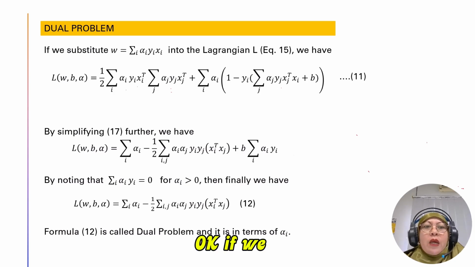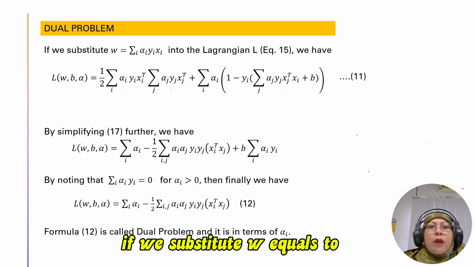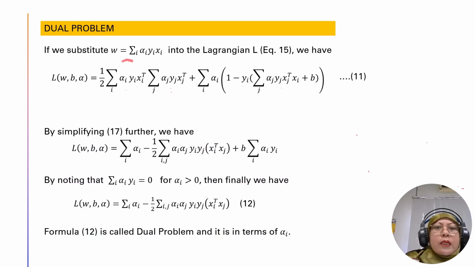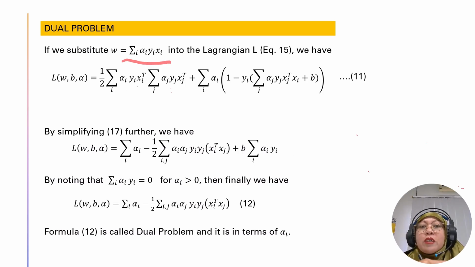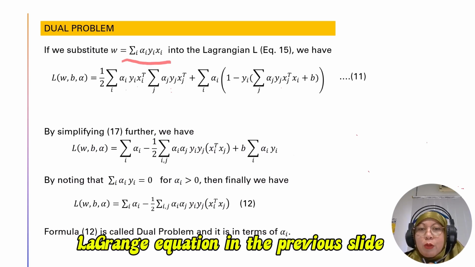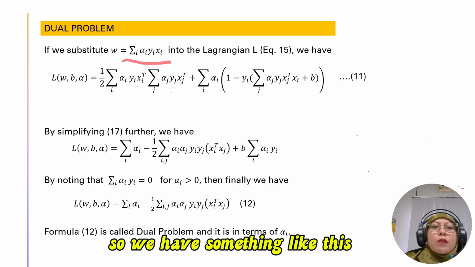If we substitute w equals sigma alpha i yi xi into the Lagrange equation in the previous slide, we have something like this.